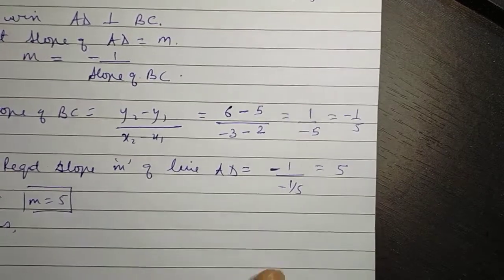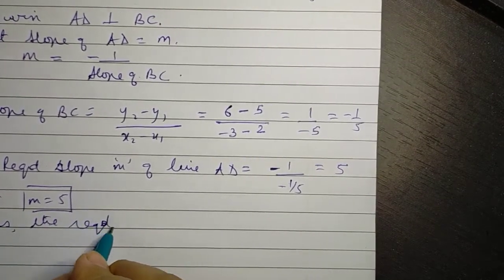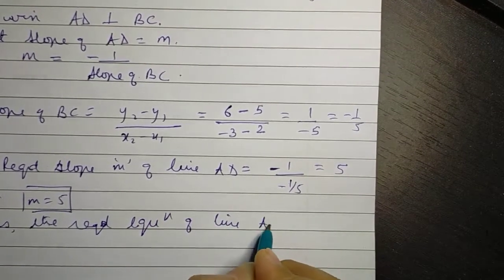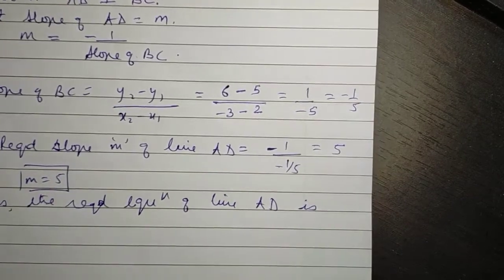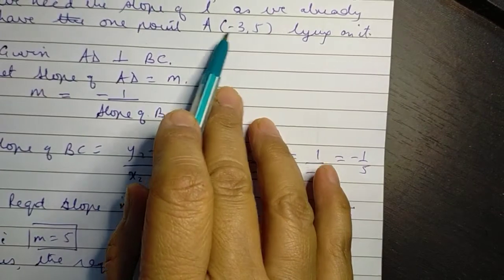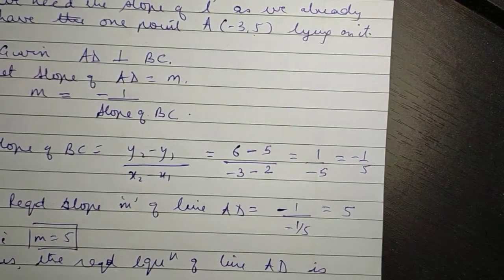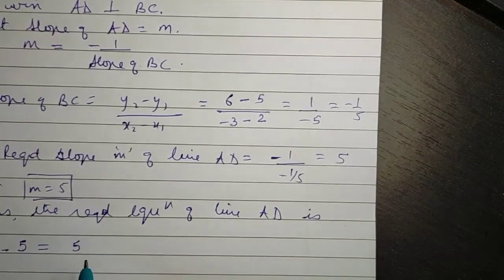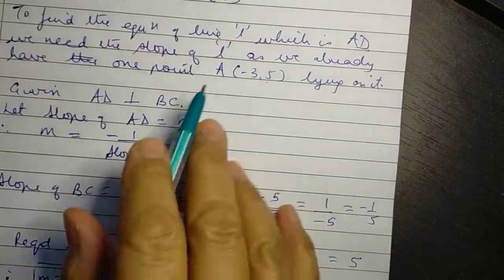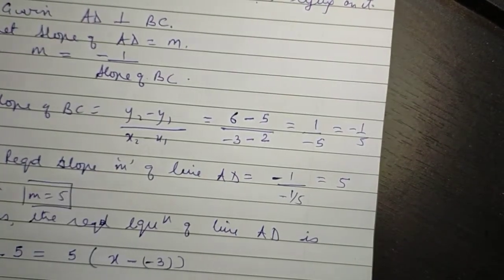Thus, the required equation of line AD is y minus, the coordinates of A are minus 3 comma 5, so y minus 5 is equal to slope m is 5 times x minus the x coordinate of A, which is minus 3, so it becomes minus of minus 3.